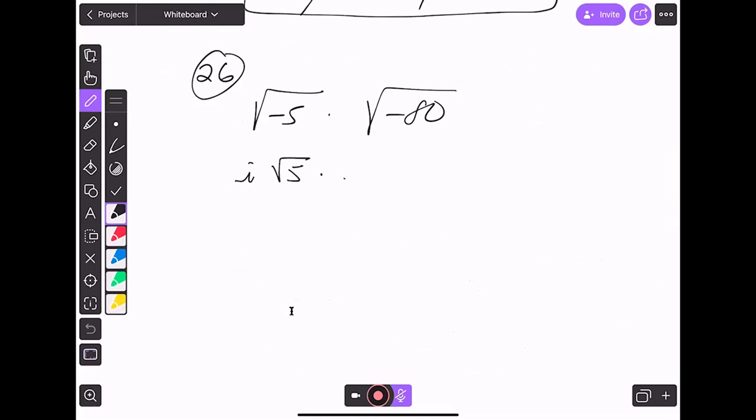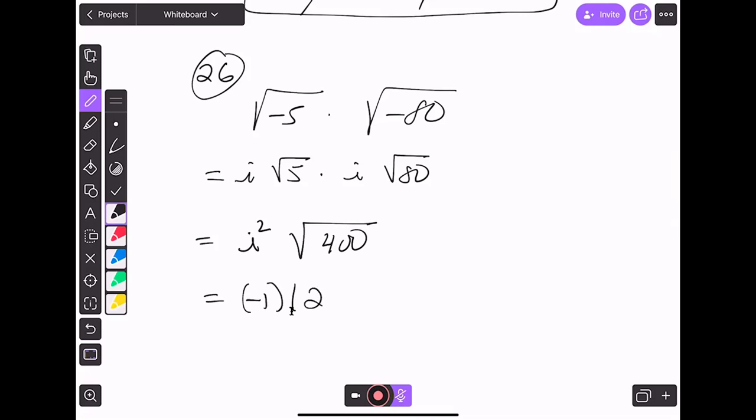It's minus though, so it's i root 80. i times i, through commutation and association, is i squared. And root 5 and root 80 together is root 400. What's i squared? -1. What's the square root of 400? 20. What's -1 times 20? -20. Again, look at the key. Make sure you're staring at that.